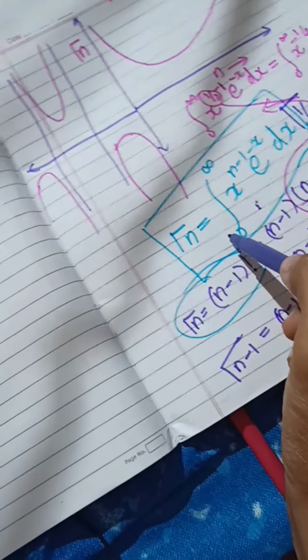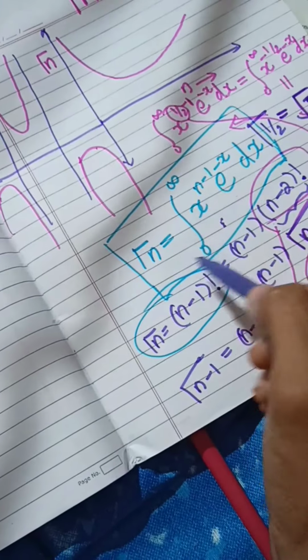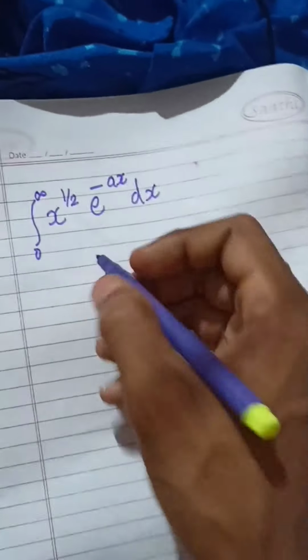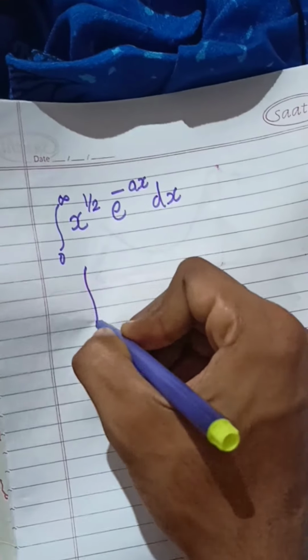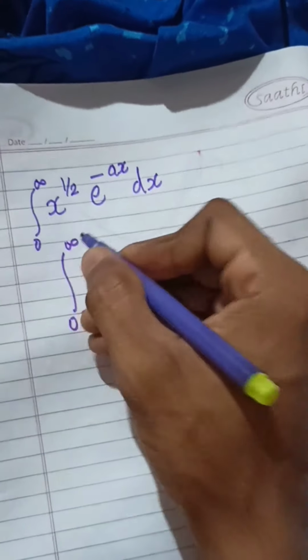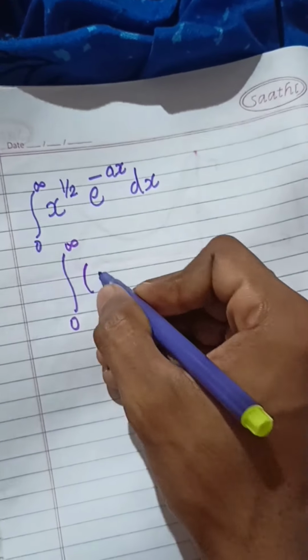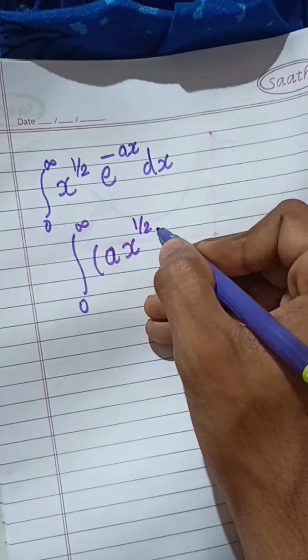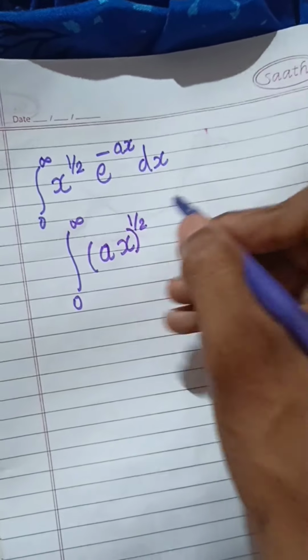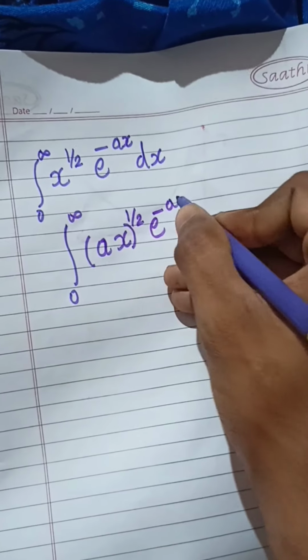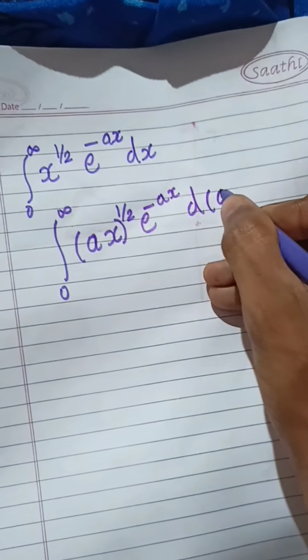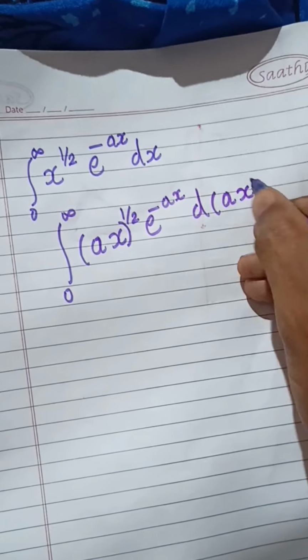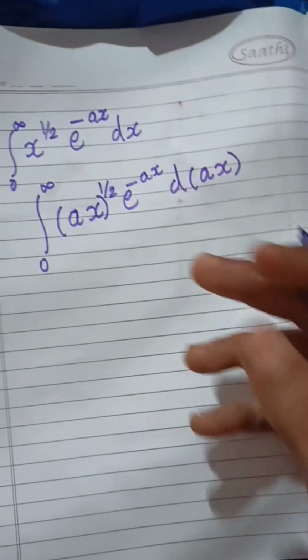If we are able to do that, we can simply use this trick to solve the integral expression. So for that, let me first multiply this x with an a here, (ax) whole to the power 1/2, e to the power minus ax, and I also put an a here. It's a constant, so we don't have to mind it.